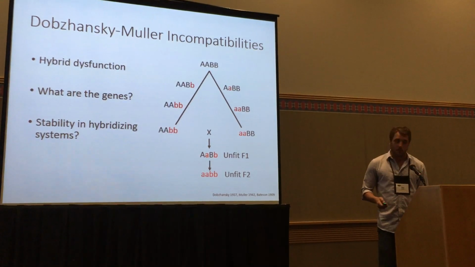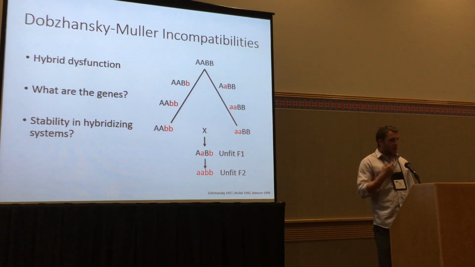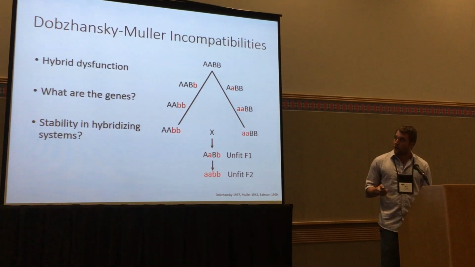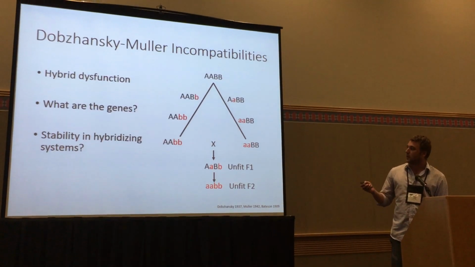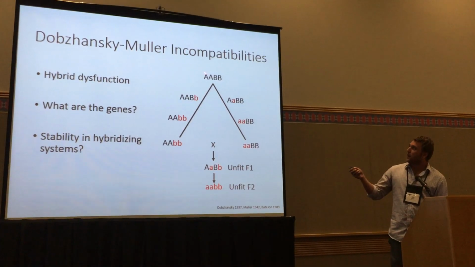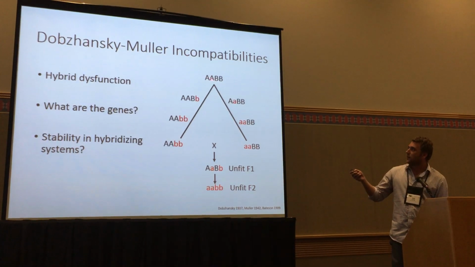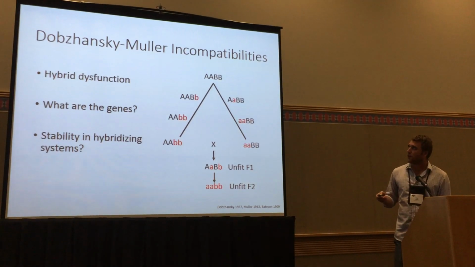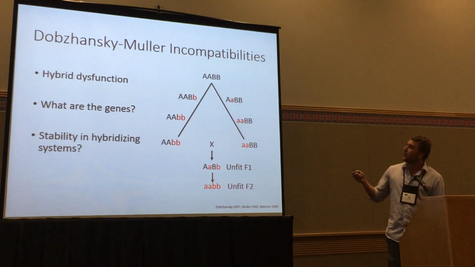To answer that question to some extent, I've been studying Dobzhansky-Muller incompatibilities. Just to go over this, these incompatibilities cause hybrid dysfunction when they occur. Classically, you have an A gene and a B gene, which interact somehow with one another.